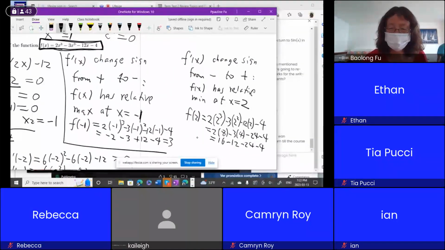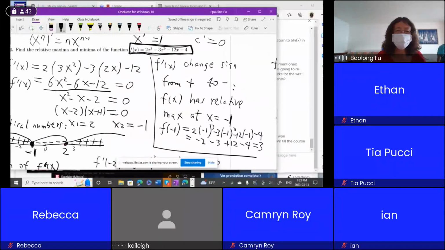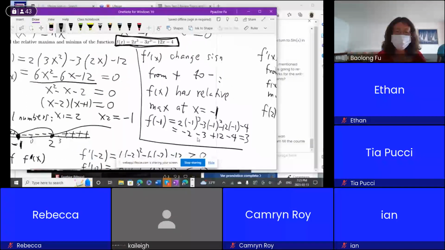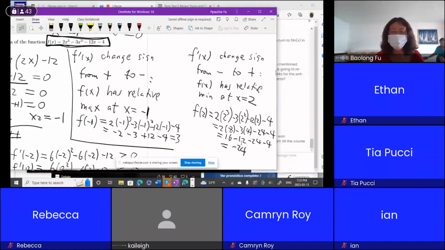This is negative 24. So the final conclusion: the relative maximum is 3, happening when x equal to negative 1. The relative minimum is negative 24, happening when x equal to 2.